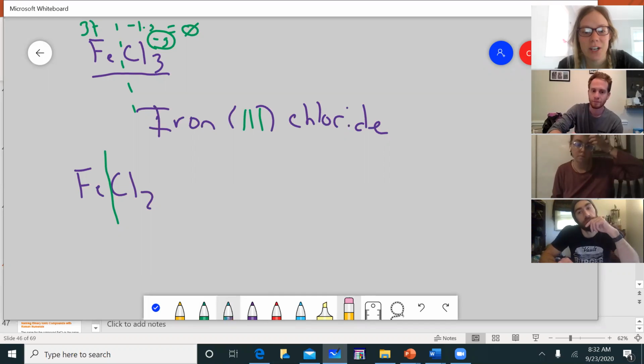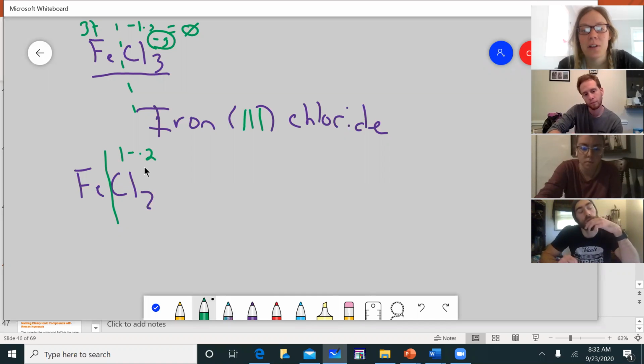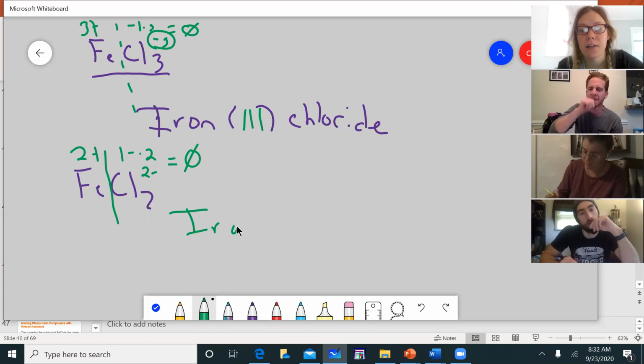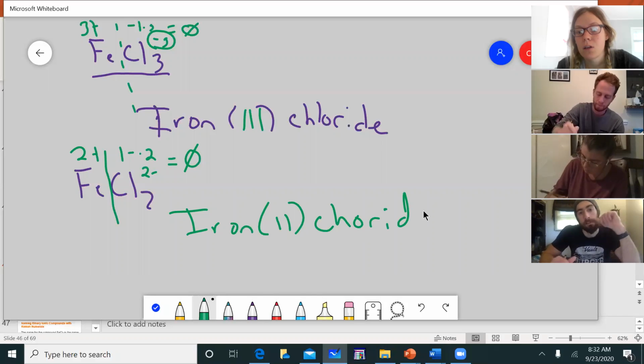Chlorine has a 1- charge, but we have 2 of them, so it's an overall 2- charge. This whole thing has to equal 0, so this has to be a 2+. So this becomes iron 2 chloride. These are a family of iron chlorides, but they have different charges.